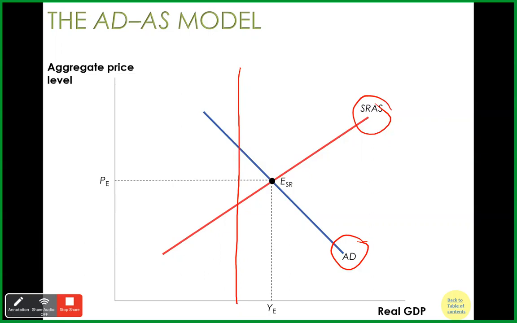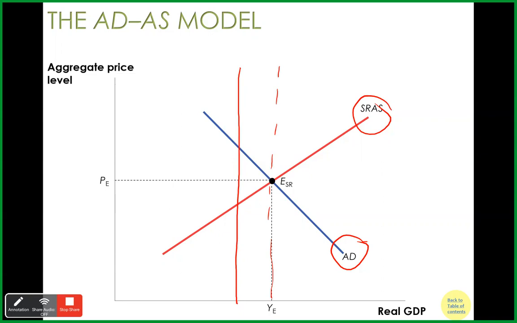I drew this red line on purpose at the equilibrium. If we draw a line like this one, then we are in a long run equilibrium. But you should not take that for granted.